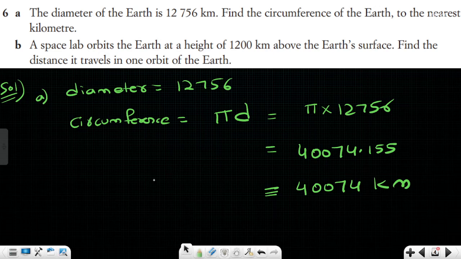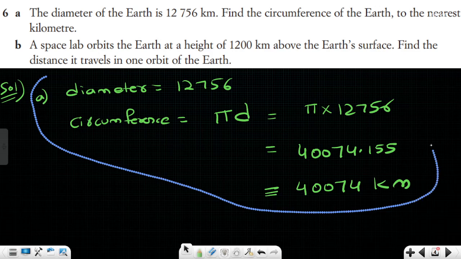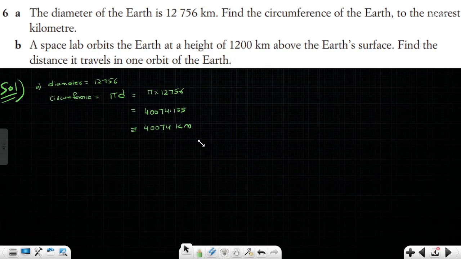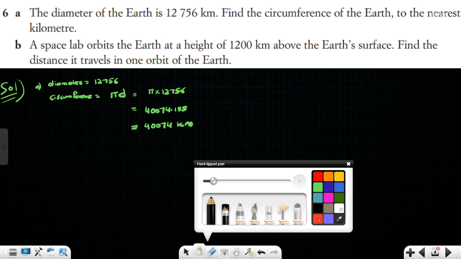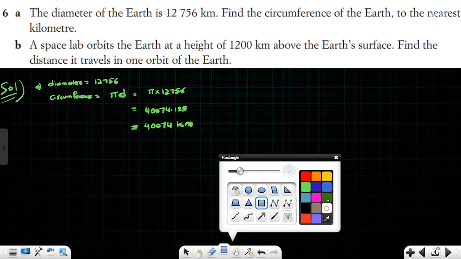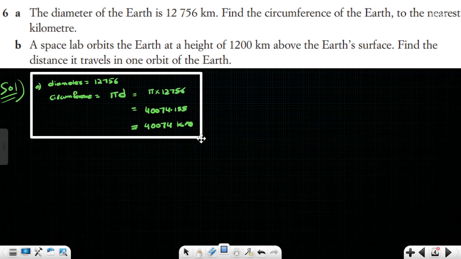Okay, now we'll go to the B bit. B bit is a space lab orbits the Earth at a height of 1200 kilometers above the Earth's surface.